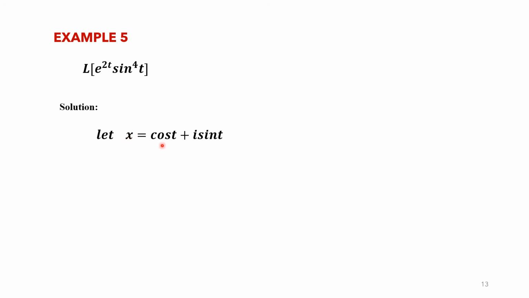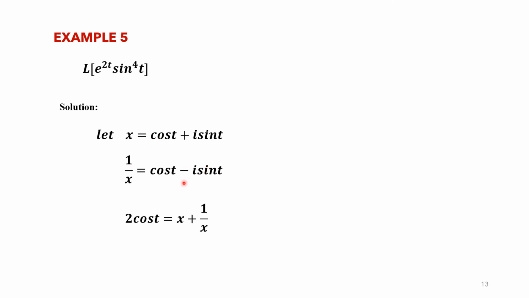When I take x is equal to cos t plus i sin t, then 1 upon x will become cos t minus i sin t by De Moivre's theorem. When x is equal to this, 1 by x means x raised to minus 1. So this raised to minus 1 from De Moivre's theorem will give cos t minus i sin t. So if x is cos t plus i sin t, 1 by x will become cos t minus i sin t. Adding both, the i sin t terms will get cancelled.